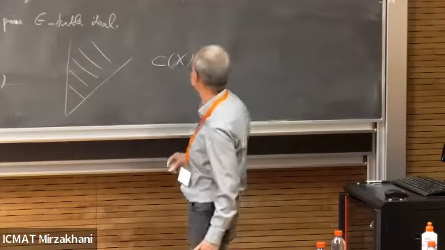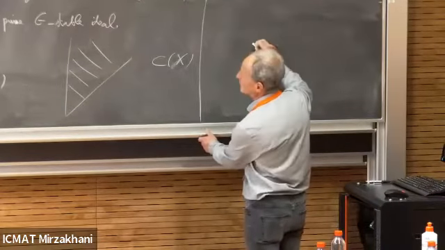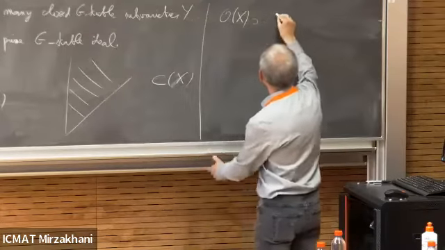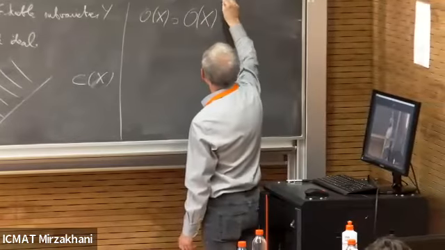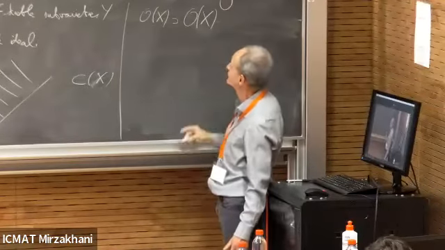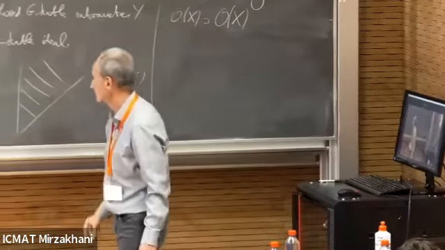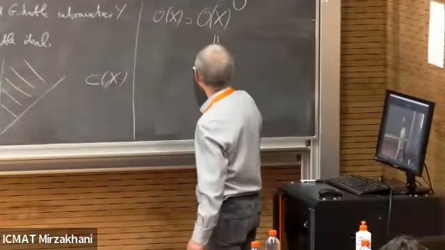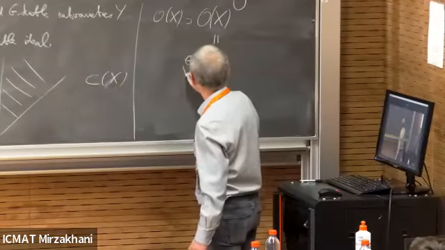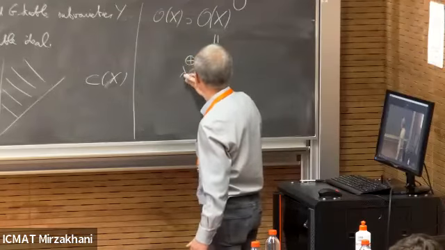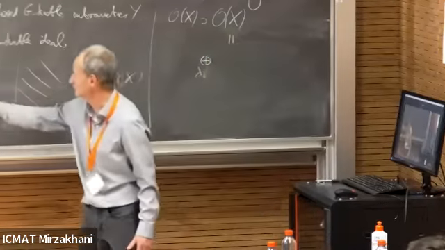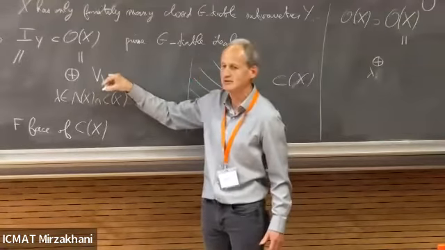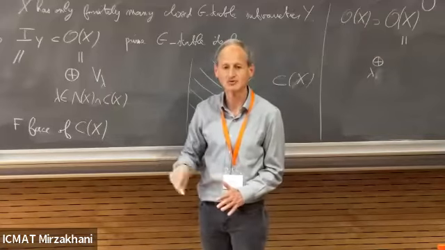The main ingredient is to use the ring of U-invariant functions inside this O of X. Since you have this sum, what you get is the same sum, but with U-invariance. By representation theory, if you take U-invariants there, you get a unique line, the line of highest weight vectors.